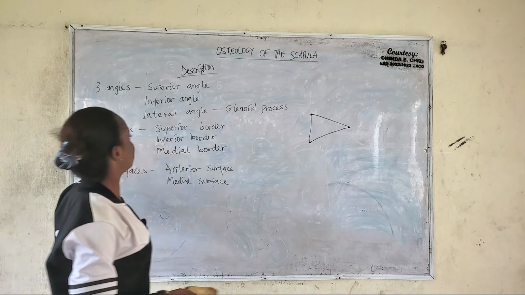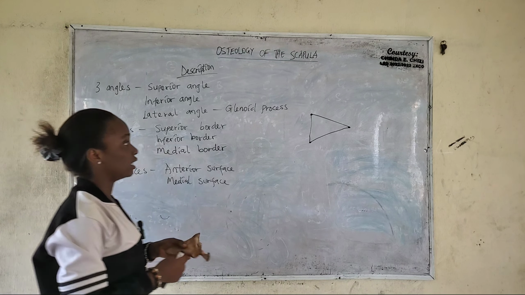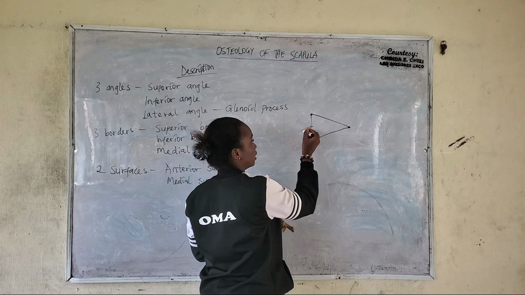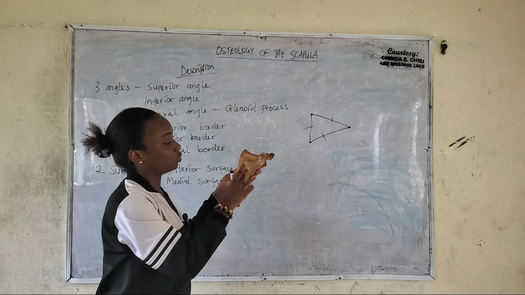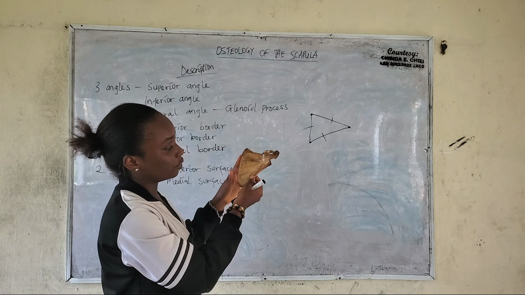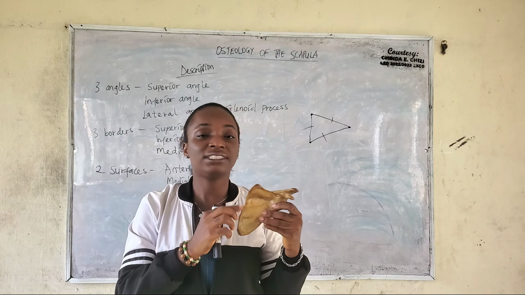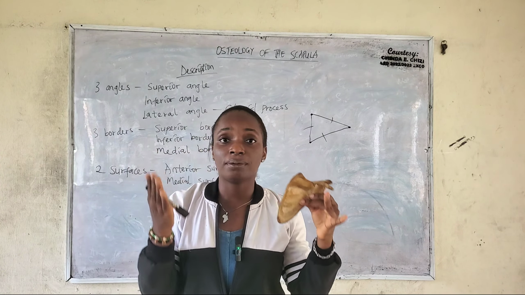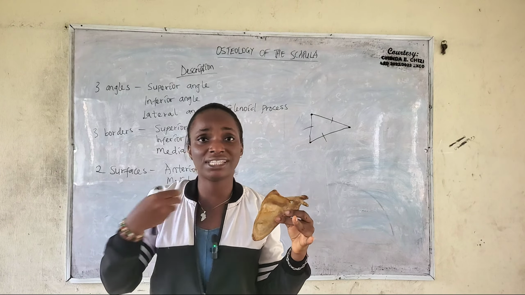Now let's move to the three borders. I said that the scapula has three borders. Now this is one border, two, and three. 1, 2, 3. This is the superior border. This is the medial border, and this is the inferior border. Superior up. Medial. Remember, in anatomy, medial is the part closest to the middle of the body, the midline of the body.